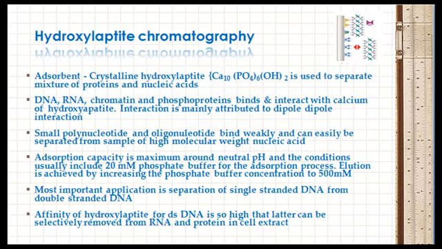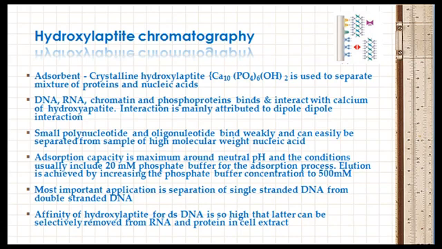Hydroxyapatite chromatography. Crystalline hydroxyapatite, consisting of calcium phosphate and hydroxyl groups, is used as an adsorbent to separate mixtures of proteins and nucleic acids, because a column of hydroxyapatite binds substances that interact with calcium, such as DNA, RNA, chromatin and phosphoproteins, by dipole-dipole interaction.